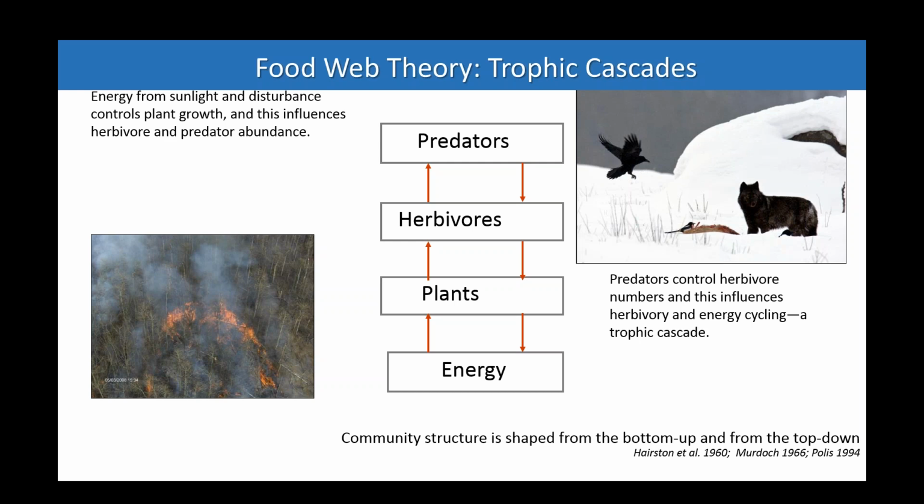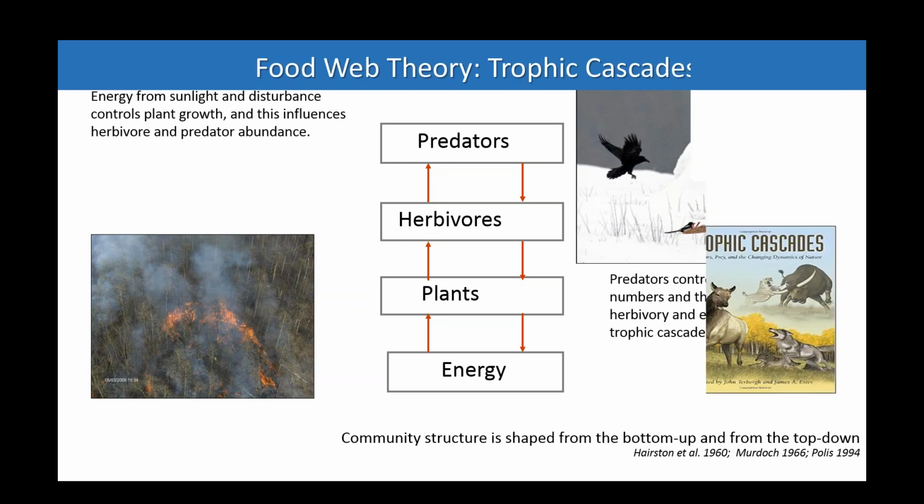This type of top-down, bottom-up argument has been put forward by Polis and a few other people. But this is still an argument that's very much at play in ecology, and it's also one that one must consider if one is trying to restore ecosystems and restore some of those processes that I started out talking about.